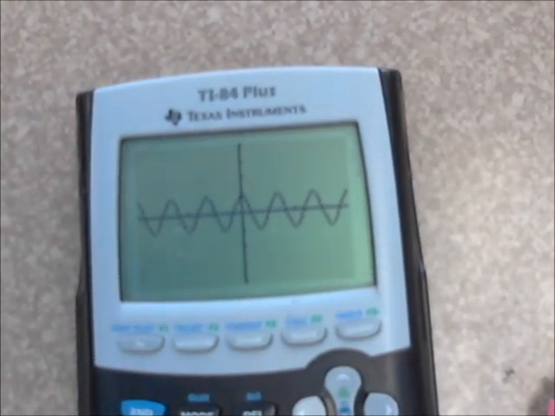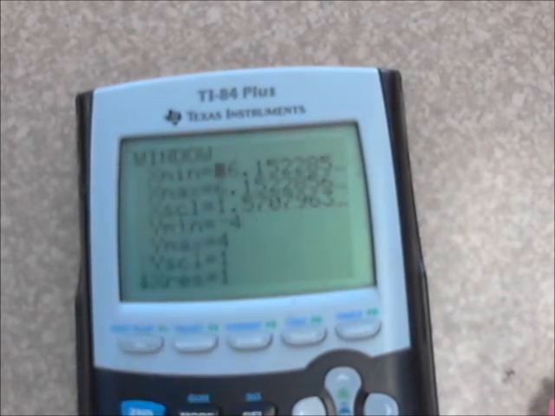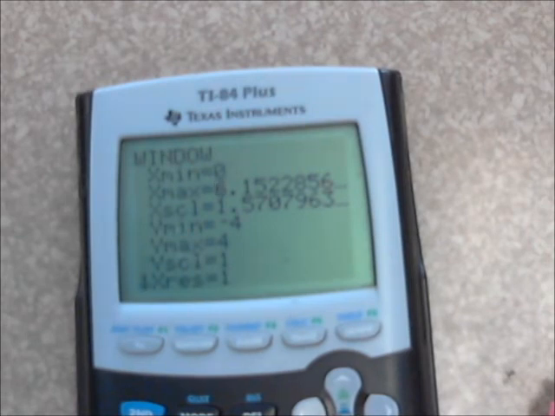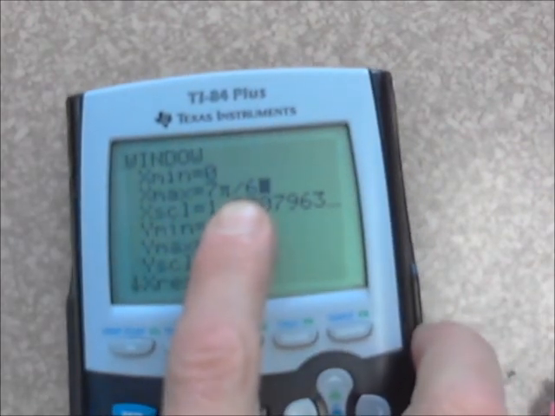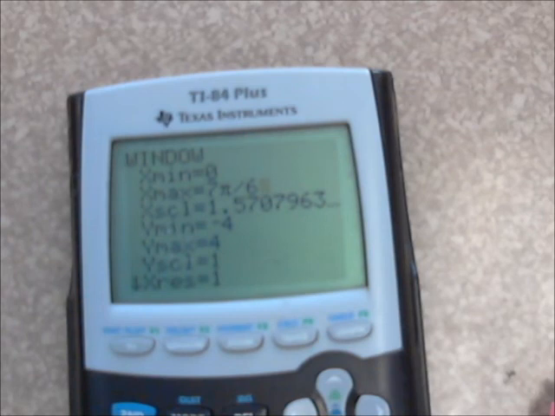So in order to set up our window correctly, it looked like we wanted to set our x min at 0, and our x max was 7 pi over 6, so I'm just going to type in 7 pi divided by 6. It's going to convert it to a decimal, but that was the value of 7 pi over 6.